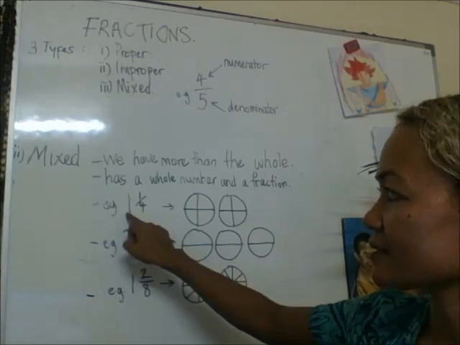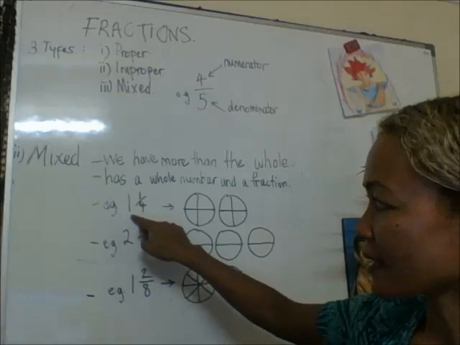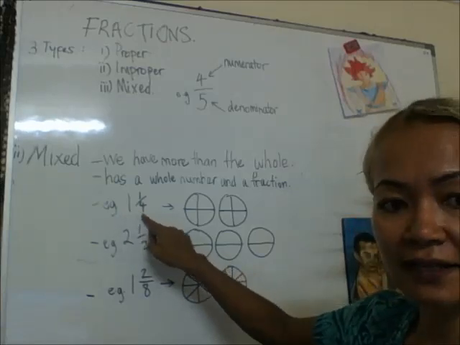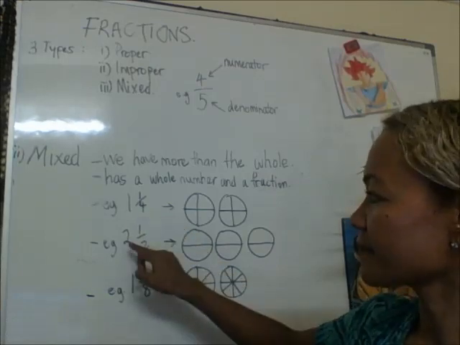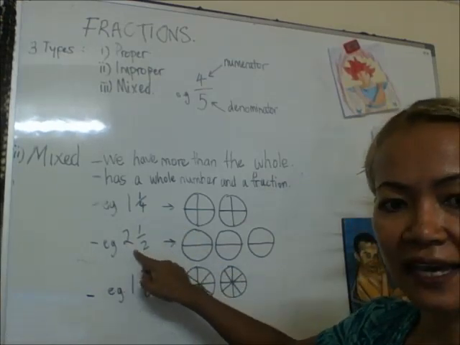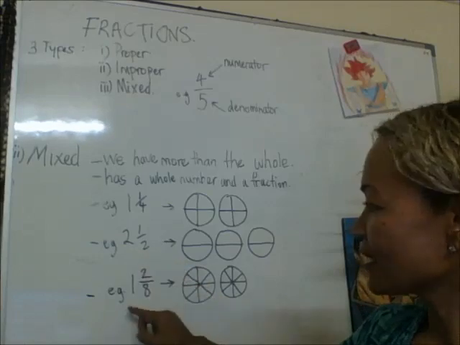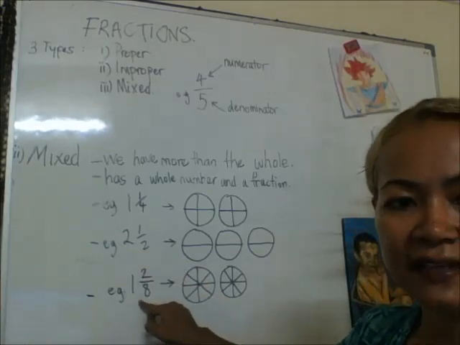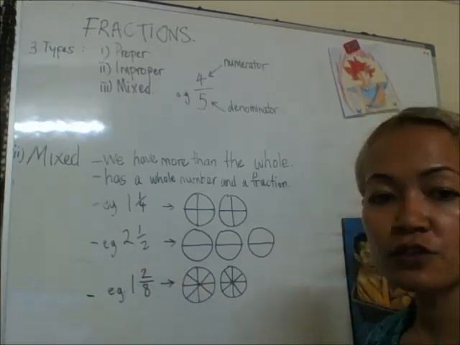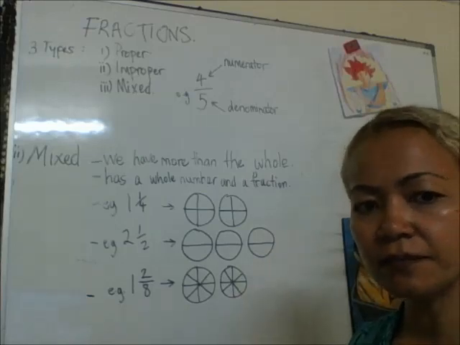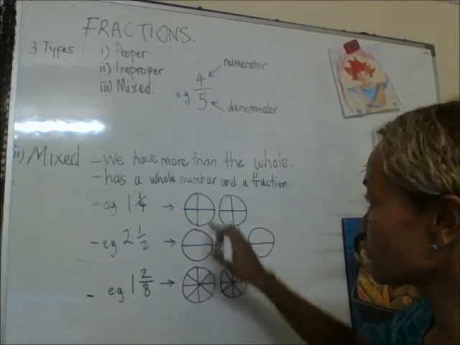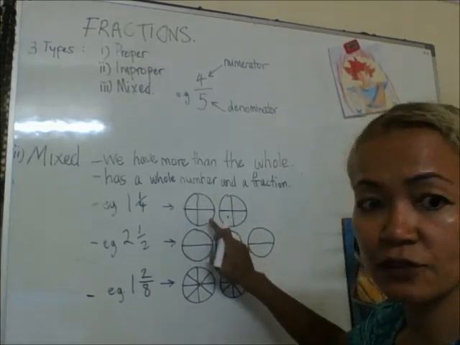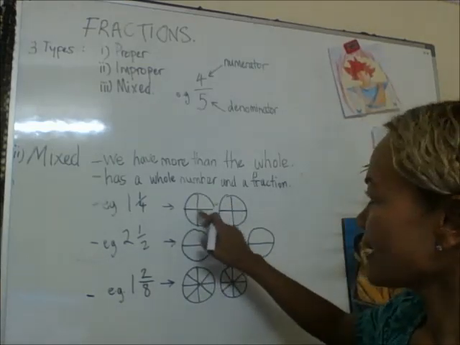So you'd read that out as 1 1/4. And here, 2 1/2. Here, 1 2/8. If we were to put it in terms of a picture, over 4, like the examples we were doing before, so the whole is split into 4 possible parts.